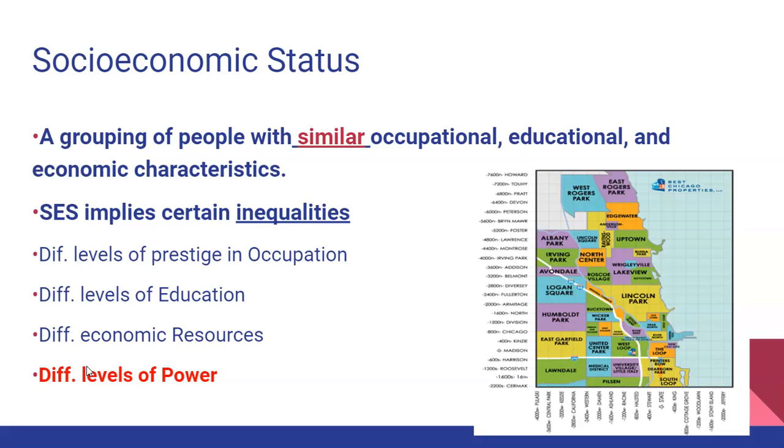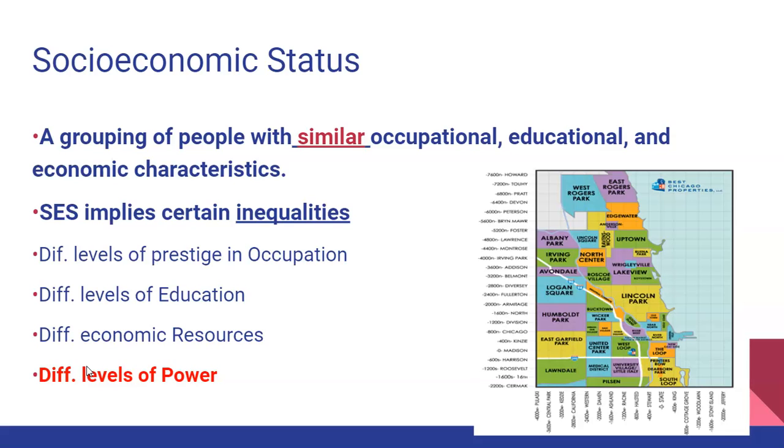When we have various statuses, that is going to imply that there are certain inequalities. So for example, if there are different levels of prestige in occupations or different levels of economic resources, more than likely people are going to have different levels of power based on their socioeconomic status.